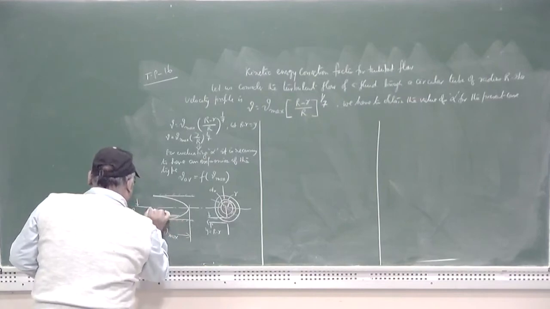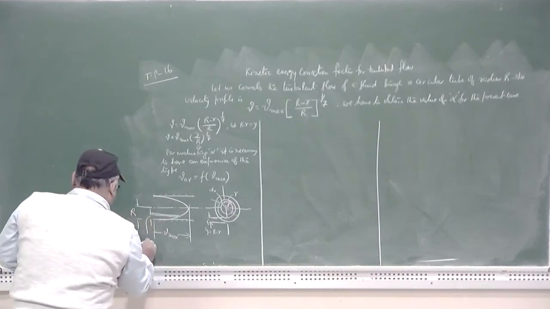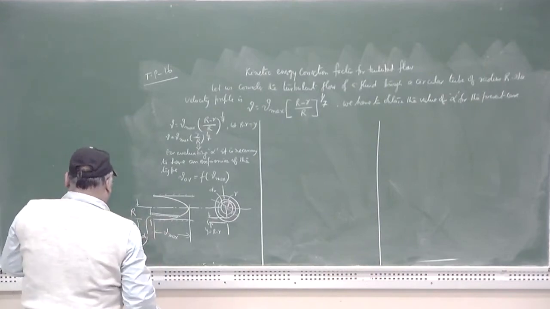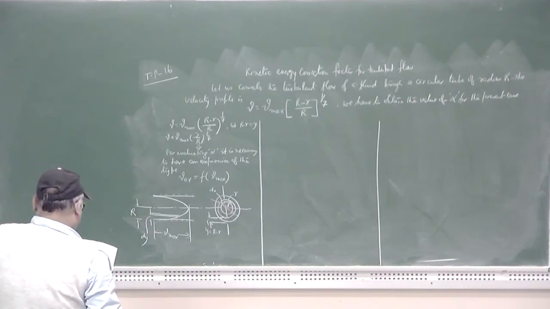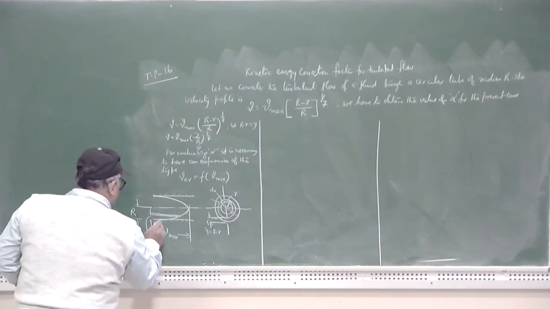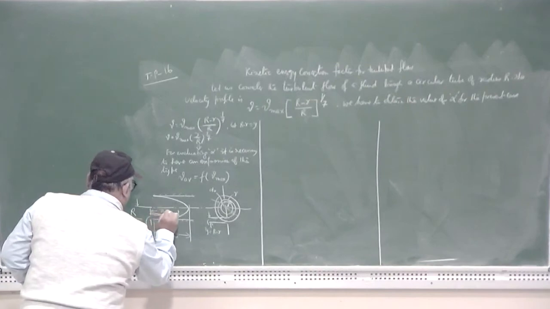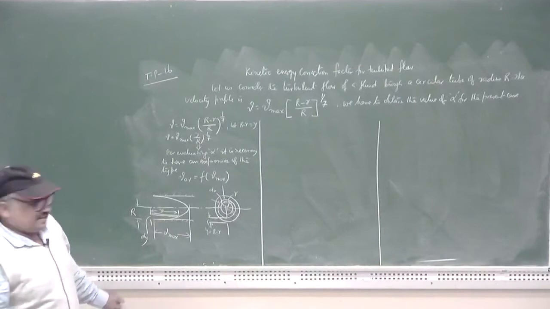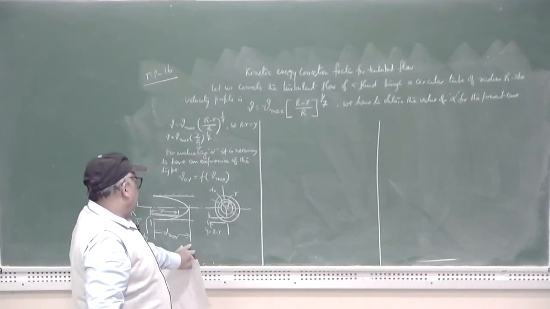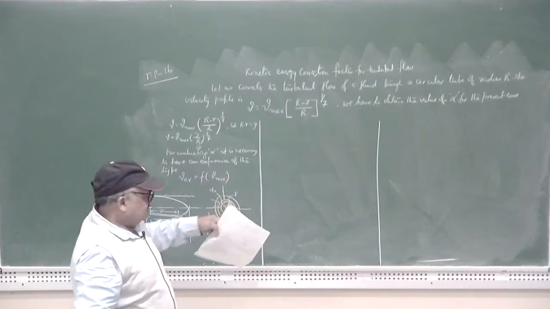This length is dy, and this velocity is the representative instantaneous velocity v. This is the velocity profile and the corresponding diagram for evaluating alpha in the present case.